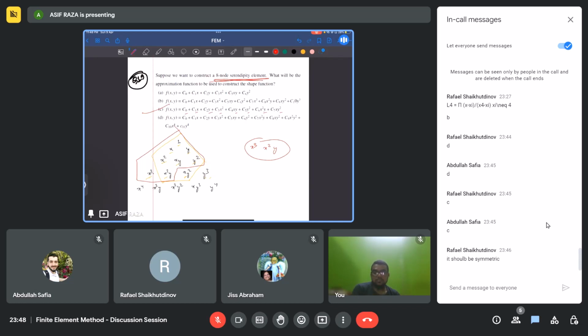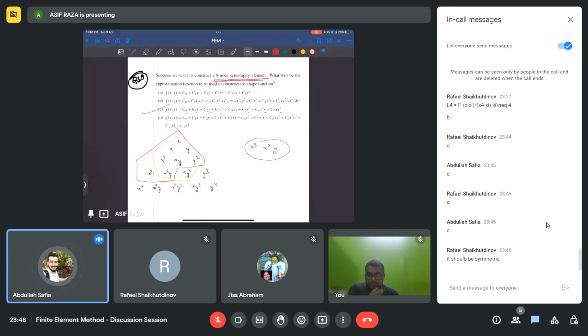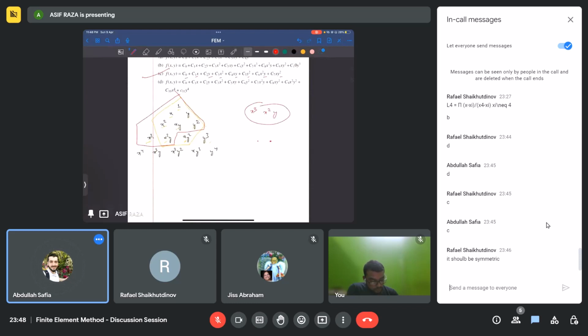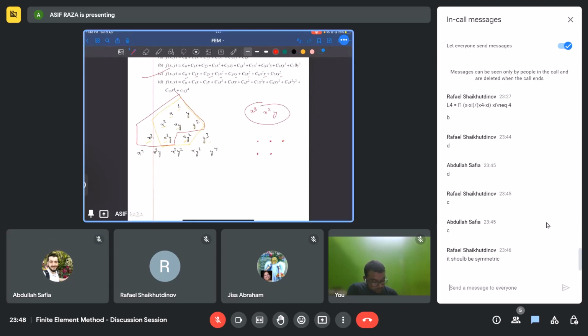Unless there is a question stating that there is dominance in one direction, more in x compared to y, you need to take it as a general element, where there is no dominant thing. Both are equivalent. Is there any kind of situation that needs to be dominated by x or by y, so we can use x cube and exclude x y squared? Suppose you have this kind of six-noded element.